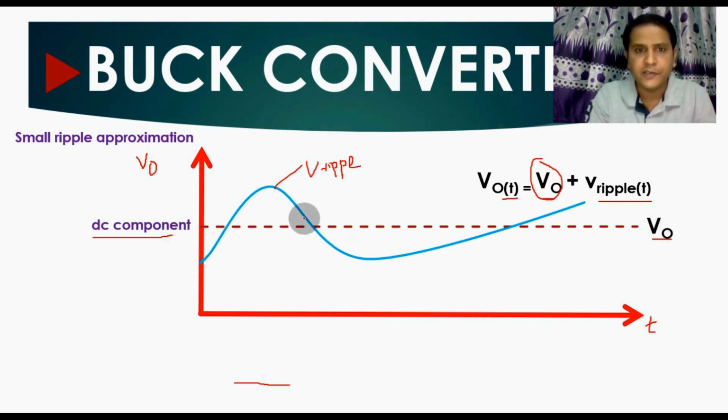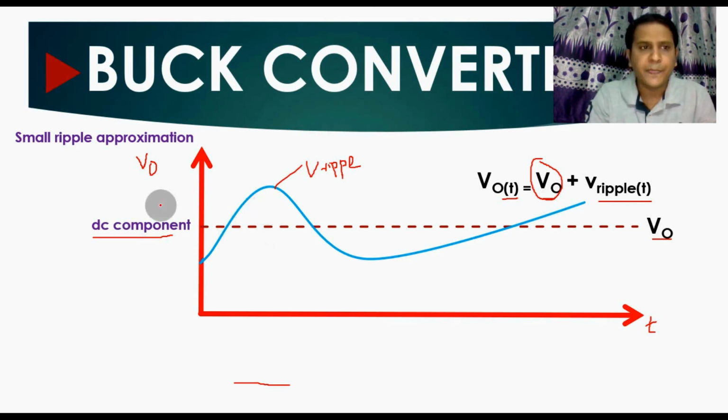So your VO(t) of your buck converter equals VO plus V ripple(t) over time period T. So what is VO? VO is the DC component, which is pure DC, and it is the output of your buck converter. But along with DC, we have some ripple component, high frequency noise or high frequency ripple component.